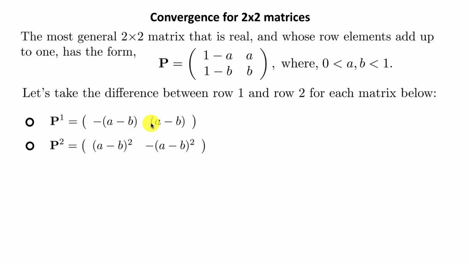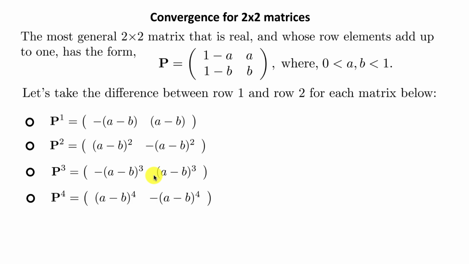Now this, I have argued, is smaller than a or b, and this will be still smaller. Let's go to P cubed. In that case, I get (a minus b) cubed. The sign doesn't matter. P fourth, I get (a minus b) to the power four.